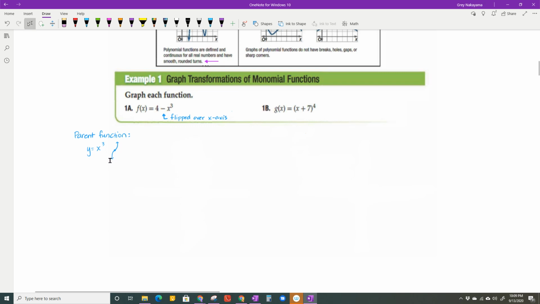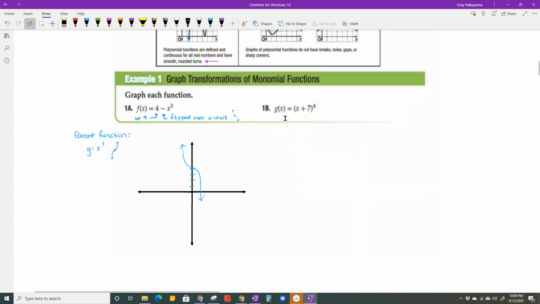So instead of it going up, it's going to fall as it goes down. The point I have is 0, 0, one of the key points on that graph. And then there's also a 4, and that 4 tells me that my graph has been shifted up. So instead of being at the origin, it's going to go up 4 units. So it looks like that. Again, just a sketch here.